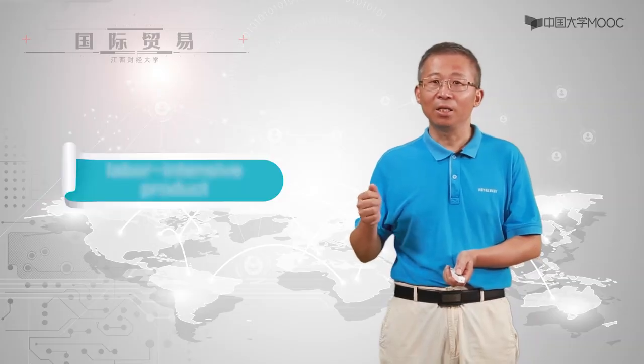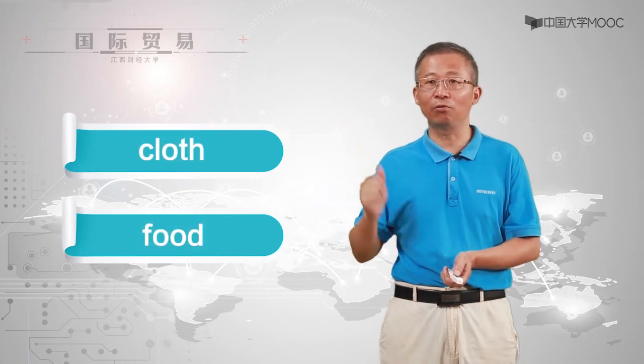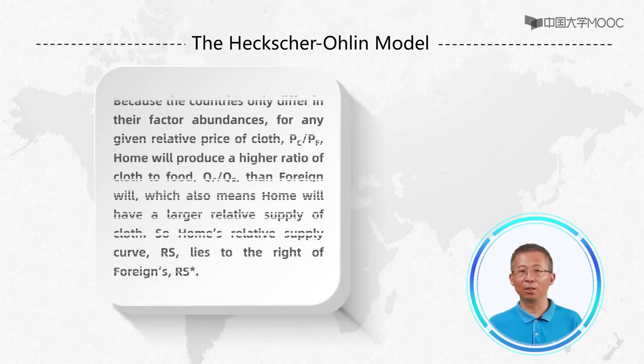Since clothes is the labor-intensive product compared with food, home's production possibility frontier relative to foreign is shifted out more in the direction of clothes than in the direction of food. Thus, other things equal, home tends to produce a higher ratio of clothes to food, because the countries only differ in factor abundance.